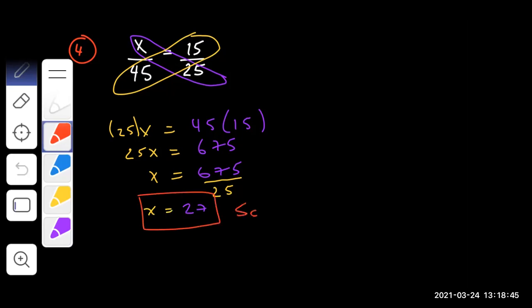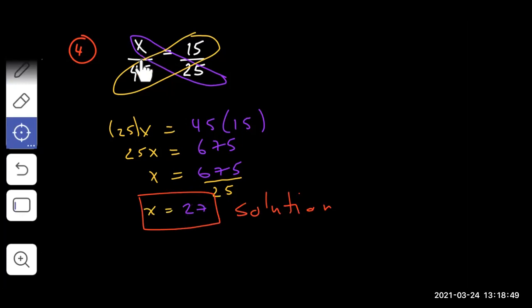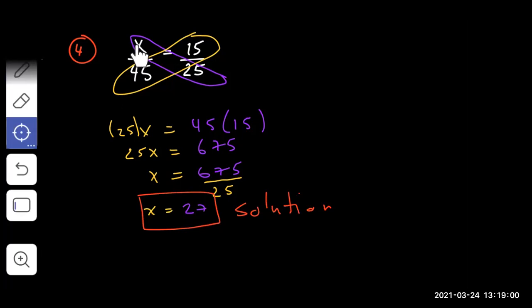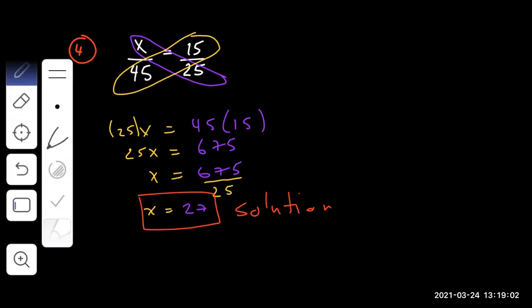Okay, solution. 27, guys, would make this proportion true. You can substitute. If you don't believe me, place 27 here. 27 divided by 45. Use your calculator. 27, because it's x, 27 divided by 45. What is that equal to? 0.6.